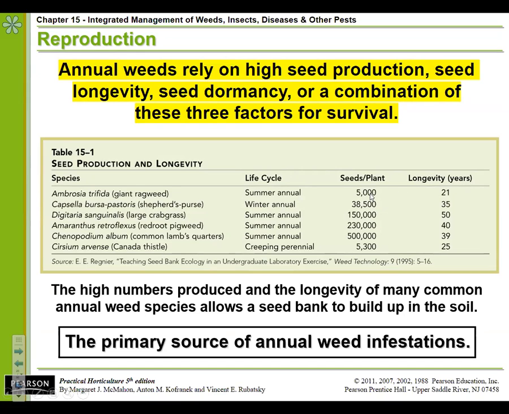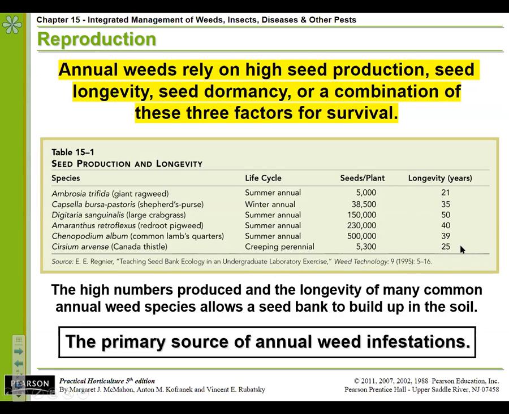As you can see, we're producing a ton of seeds here in some of these very common and very damaging weeds, but they also have a great longevity in the soil seed bank. And this longevity that they list in this chart is based on the half-life of the seeds.